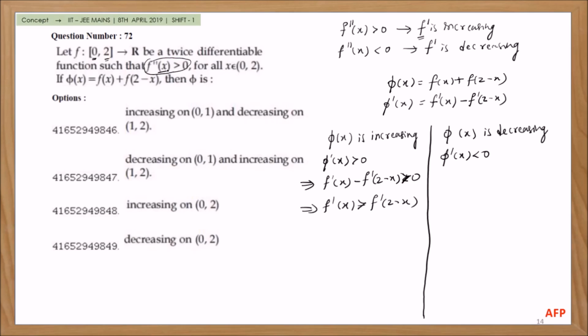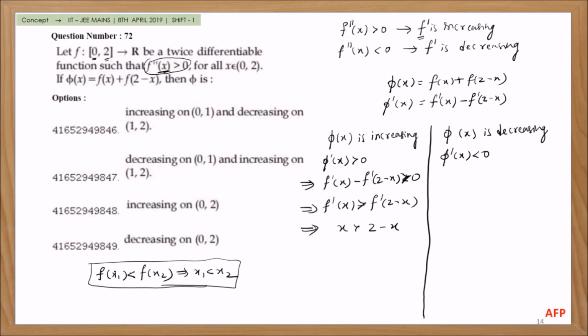According to this concept, if a function is increasing, we can write f of x1 less than f of x2 whenever x1 is less than x2. If it is decreasing, the sign will be reversed. This is the definition of increasing and decreasing. Using this definition, since f dash of x is increasing, we will write x is greater than 2 minus x. The inner terms can be written as they are in the case of an increasing function, while for a decreasing function the sign will be reversed.